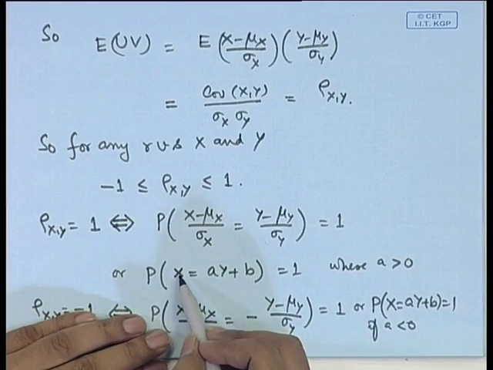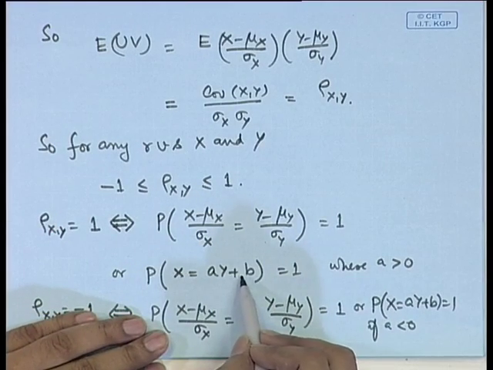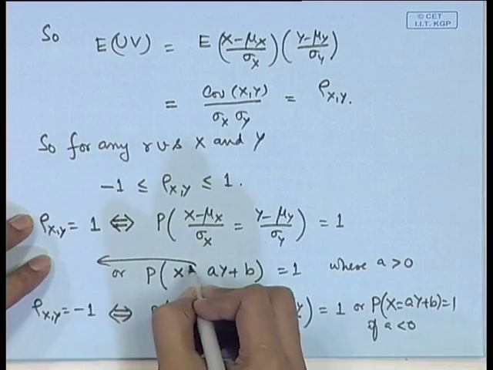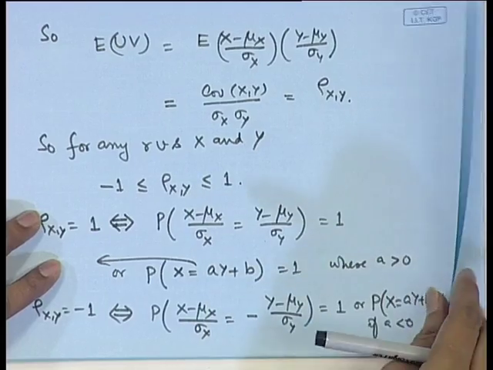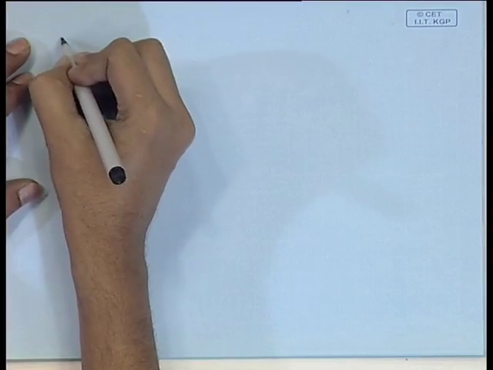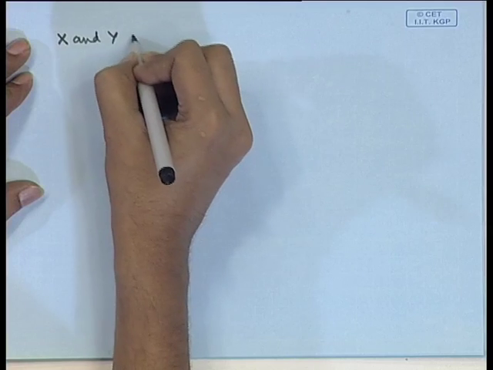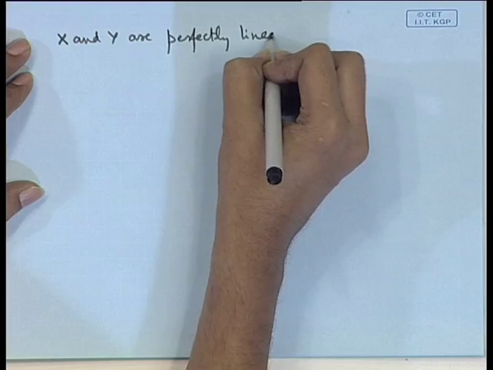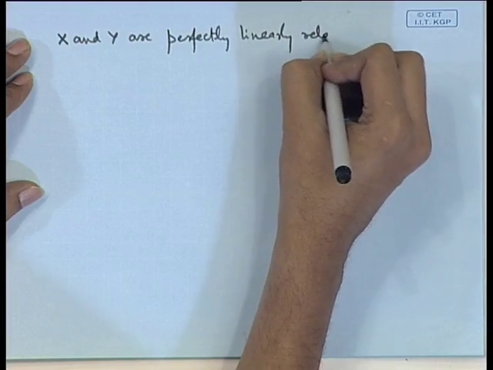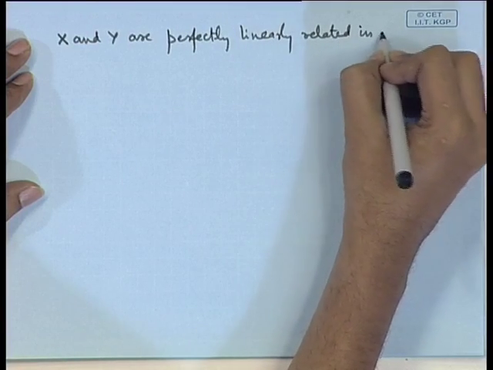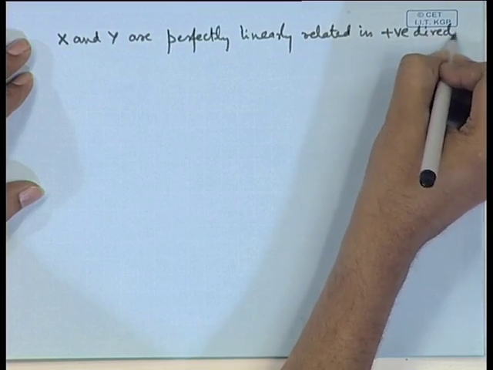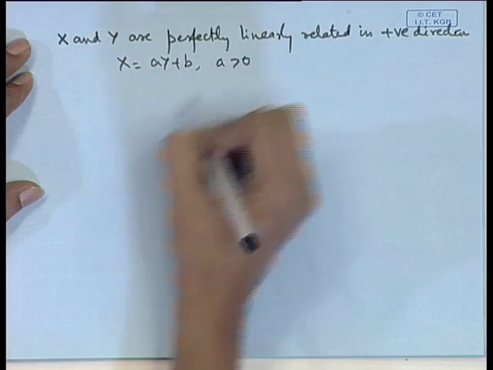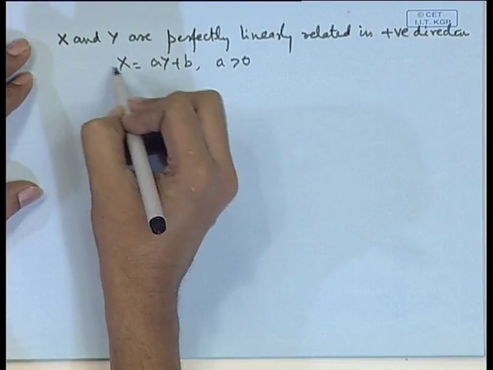So, this condition that x is equal to a y plus b, where a is positive, we can write it that x and y are perfectly linearly related in positive direction, that is x is equal to a y plus b for a positive, and probability of this statement is 1.